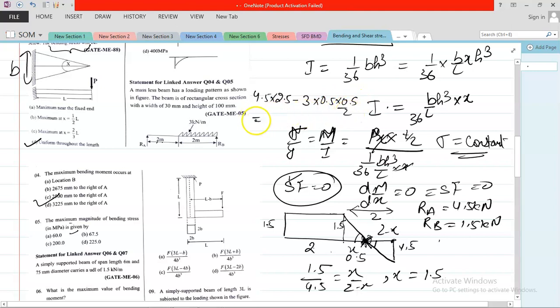So this is your bending moment at this point, and the answer for this value is 3.375 kilonewton meter. Okay, now what you need to do is obtain the bending stress.